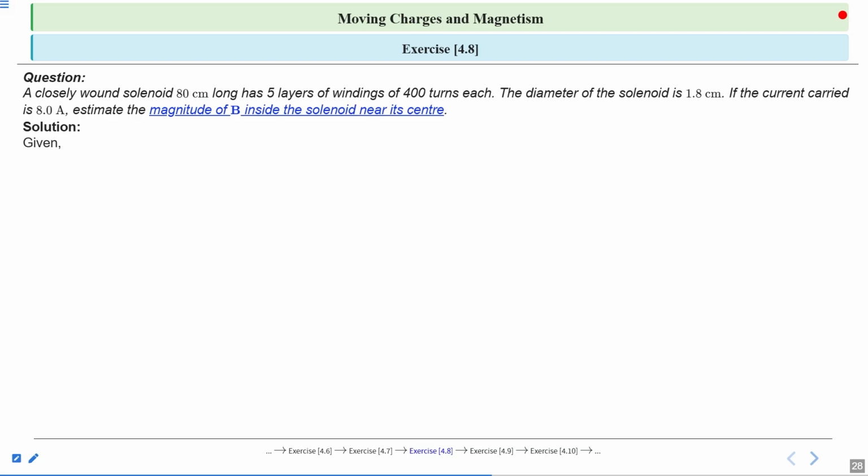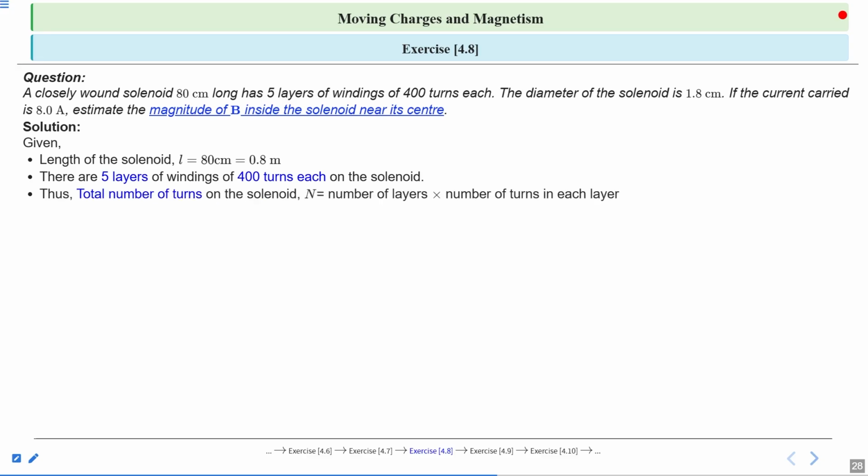So let's see the solution. What is given in the question? Length of the solenoid is given as 80 centimeter, which is 0.8 meter. There are 5 layers of windings of 400 turns each. Each layer has 400 turns, and there are a total of 5 layers.